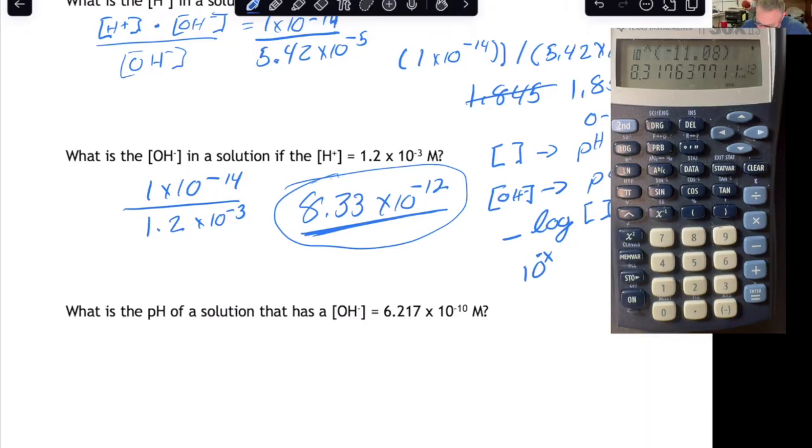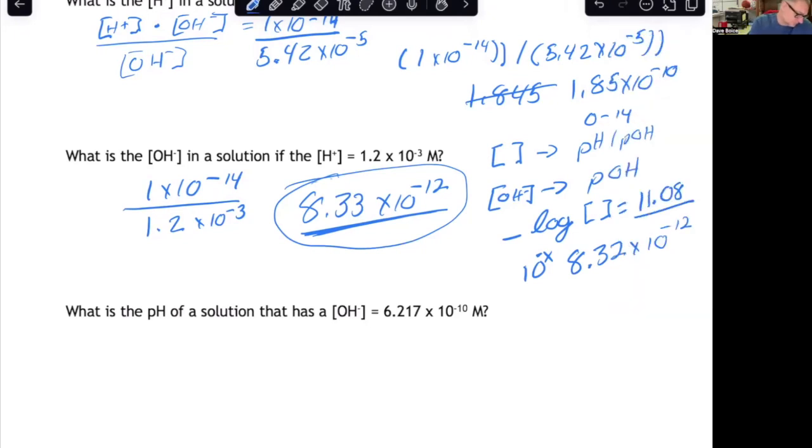So not exactly the same number, but we did do some rounding, and it's pretty close. So there I went from pH or pOH back to concentration. So that's how you go back and forth between those.